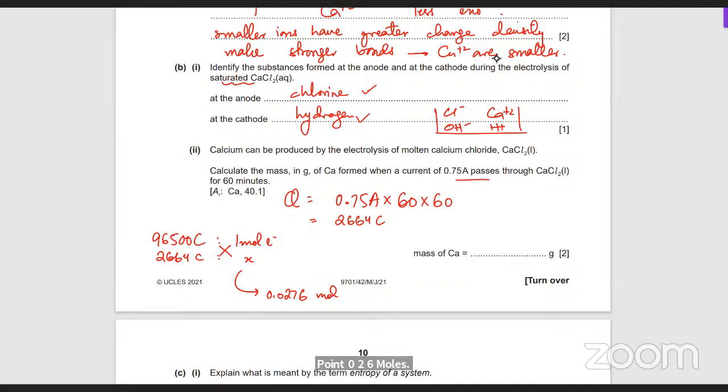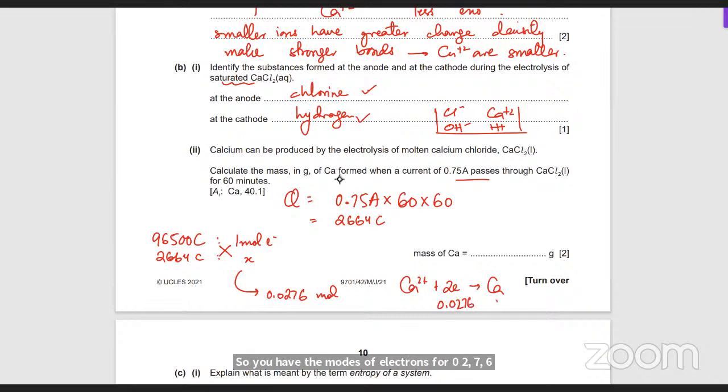Okay, moles of electrons are found. What did we have to find? Calculate the mass of Ca formed. So Ca2+ plus 2 electrons gives Ca. You have the moles of electrons, 0.0276. So moles of Ca would be half of that.